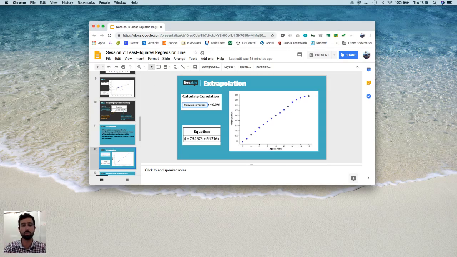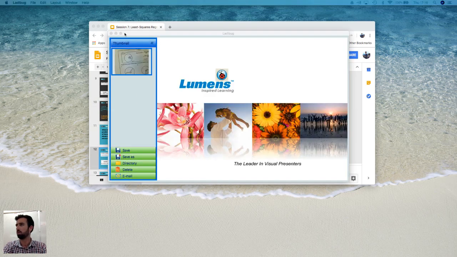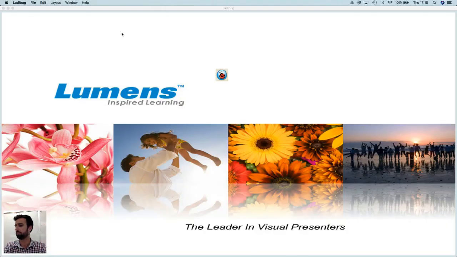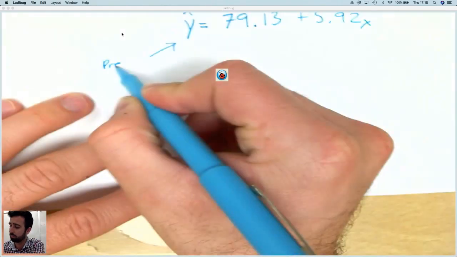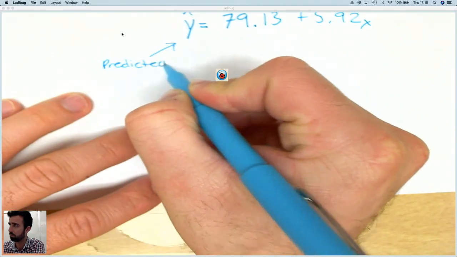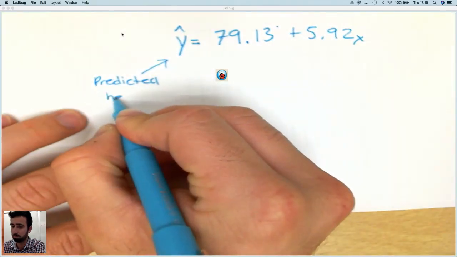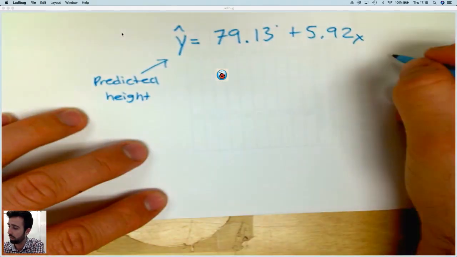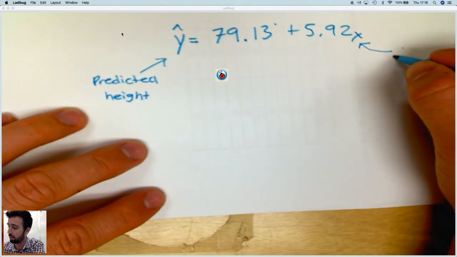All right, so now we're going to predict, and just to show you extrapolation and the dangers of it. Remember, y hat is the predicted height, and x is your age.